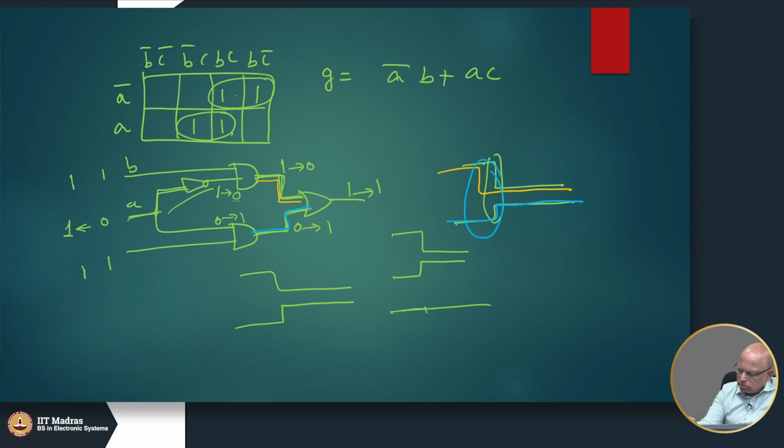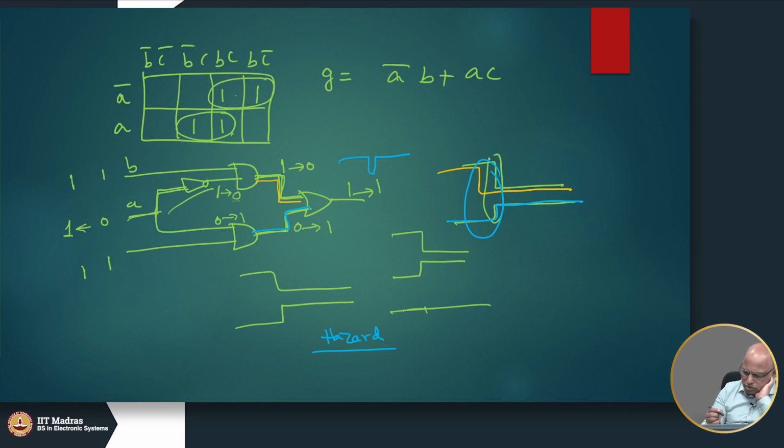So, there will be a small period where the inputs of the OR gate will be 0, and as a result I will see a small glitch like this. Okay. So, this is what we call a hazard. It may happen. We may be lucky and both the transitions happen at the exact same time, but there may be a small chance that these do not happen and we may get some sort of an intermediate glitch.